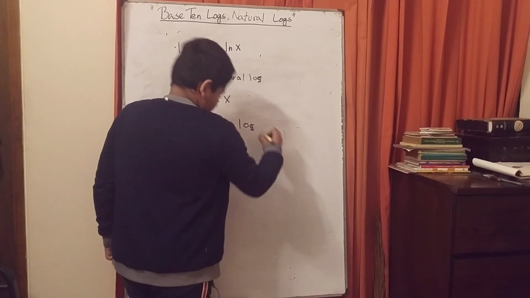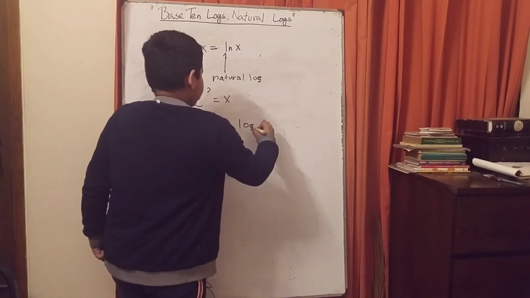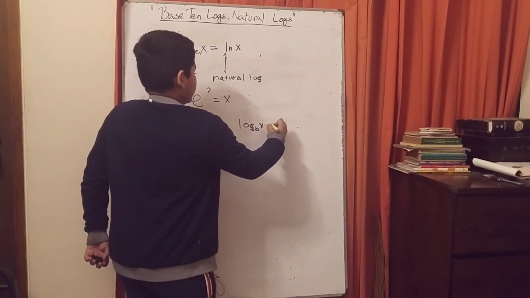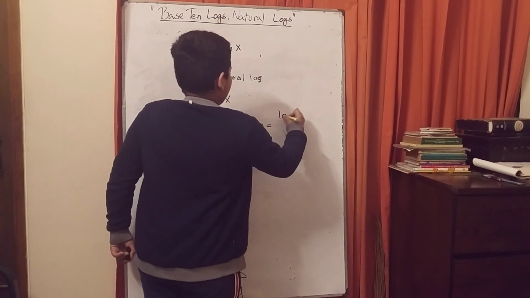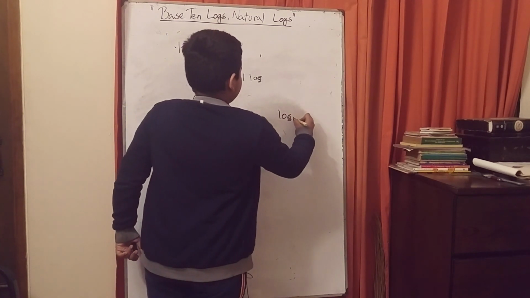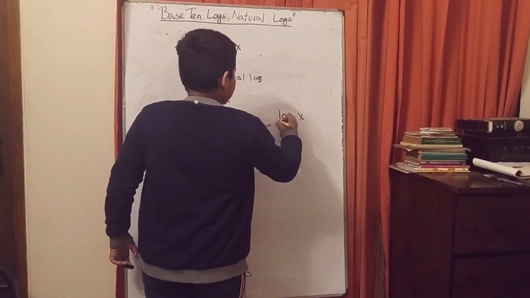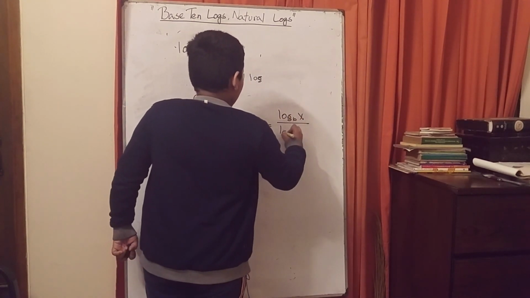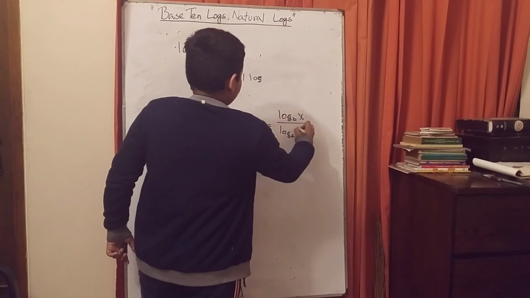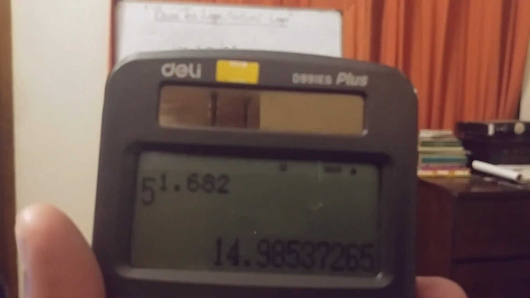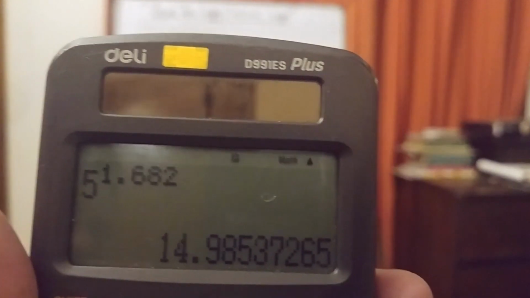Log to the base b of x will be equal to log base a of x divided by log base a of b. 1.682 would be equal to 4.98537265.